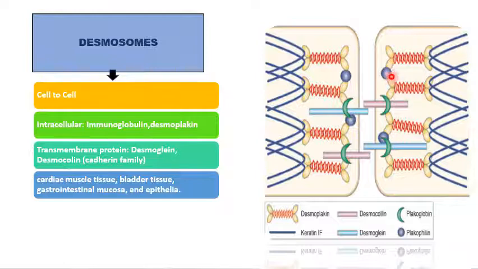And you can see here that one intracellular protein is linked to another intracellular protein with the help of a plakophilin protein. So this is the structural representation of desmosomes.